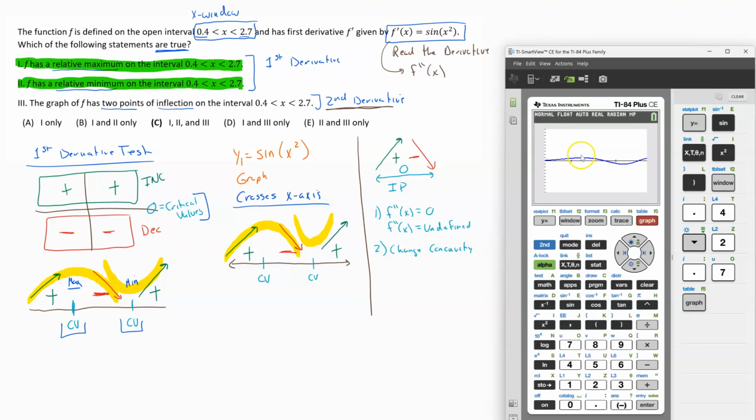It hits a 0 right here, and then it starts going negative. So we changed from positive derivative, that's again second derivative data. So it's really saying concave up until this point here, and now it's going to go concave down. So anywhere we see maxes and mins on this is really where we're looking at inflection points. So I've got one inflection point happening right here.